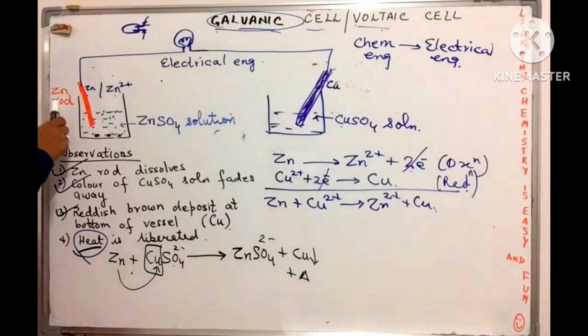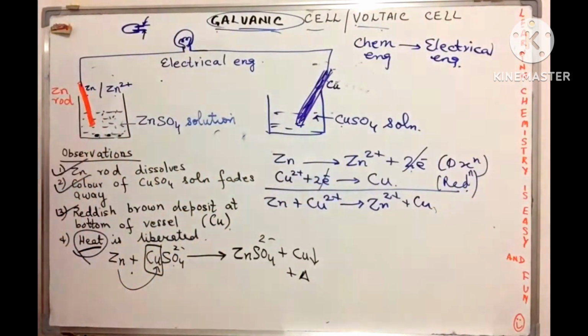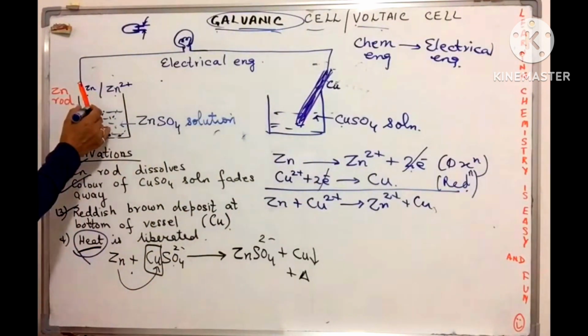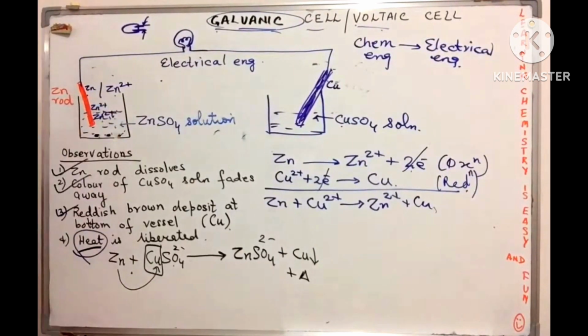because zinc is losing electrons, forming zinc ions, and with the result, there is an accumulation of zinc ions over here. We get an excess of zinc ions in the first beaker.